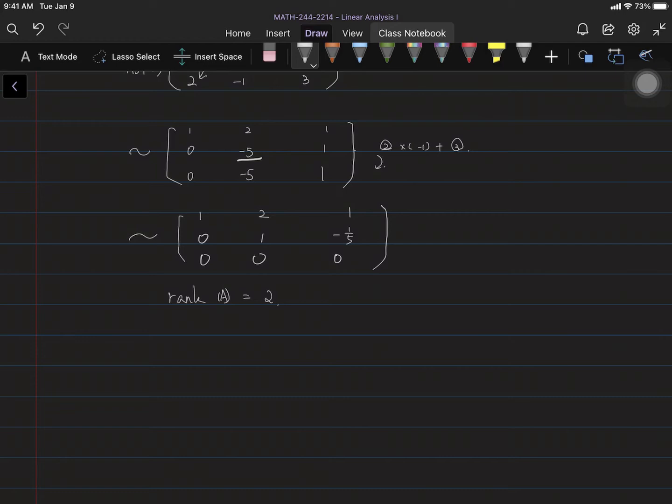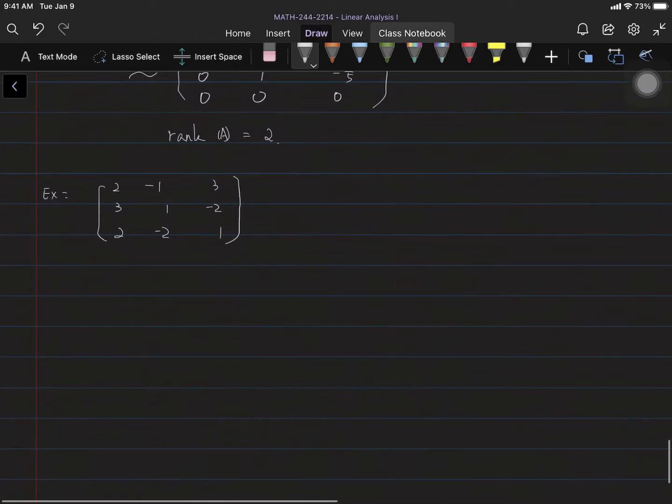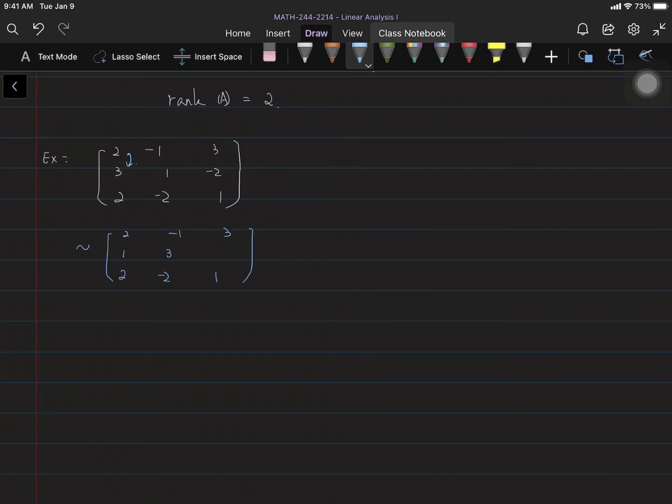Okay, let's take a look at this exercise problem. 2, -1, 3, 3, 1, -2, 2, -2, 1. Please find the rank of this. And this kind of problem will be in the quiz. So here's the solution.